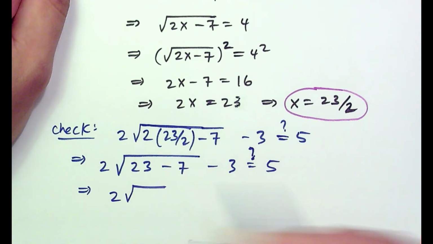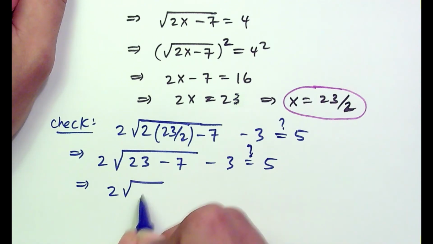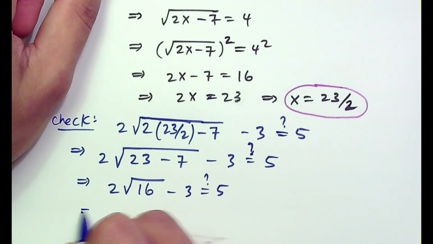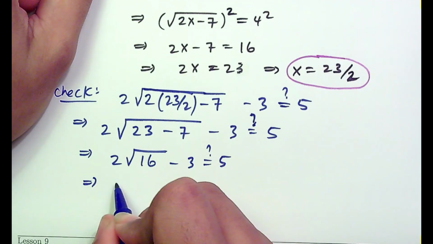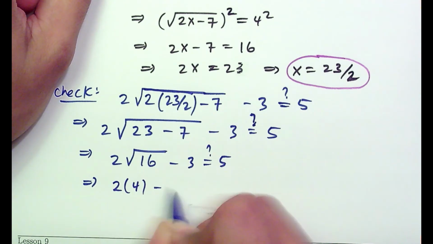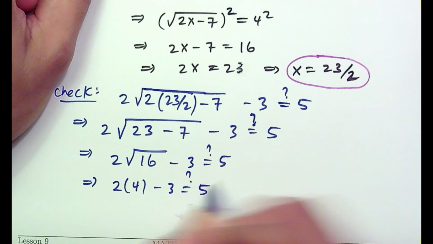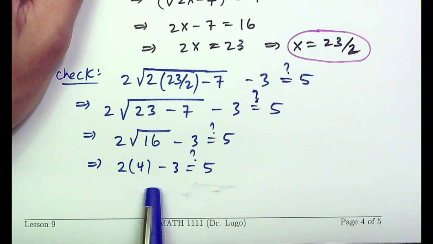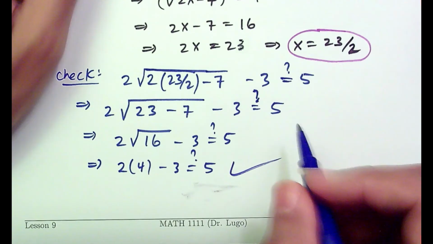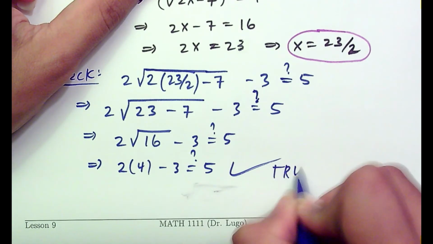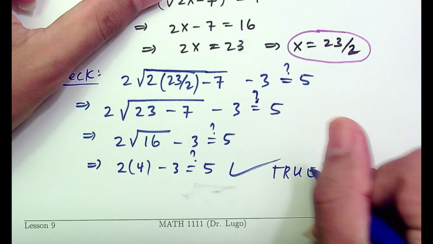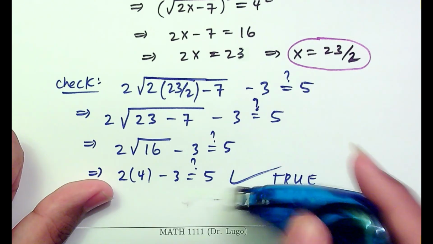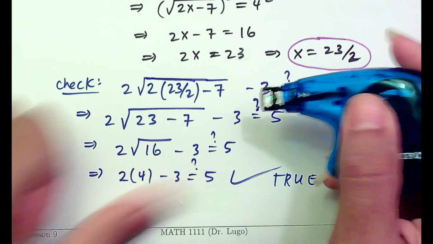So keep simplifying. 23 minus 7 is 16. Still not obvious. Square root of 16 is 4, so 2 times 4 minus 3. Is it true that that's 5? Now it's clear, because 2 times 4 is 8, and 8 minus 3 is 5. Yes, this is true. So that means x equals 23 halves is indeed a solution.